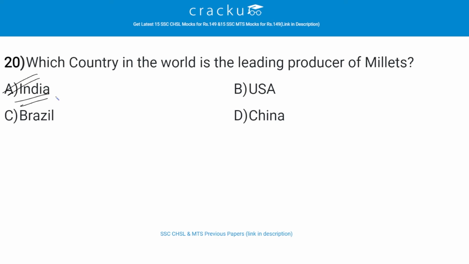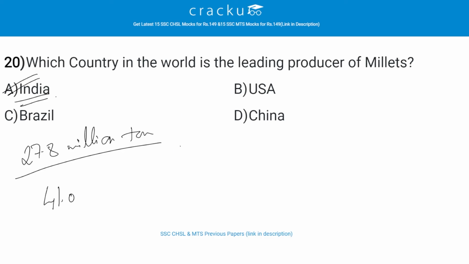The global millet production was estimated at 27.8 million tons. India is the largest global producer with a 41.04% global market share.